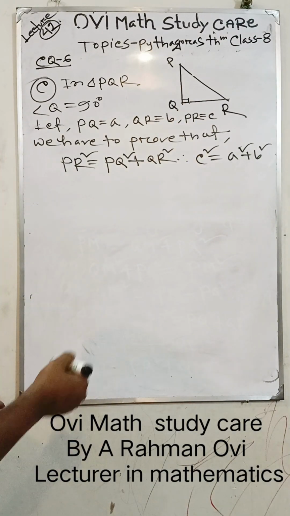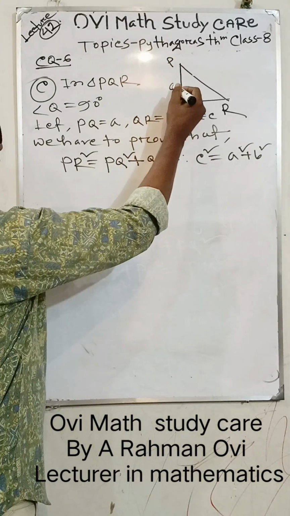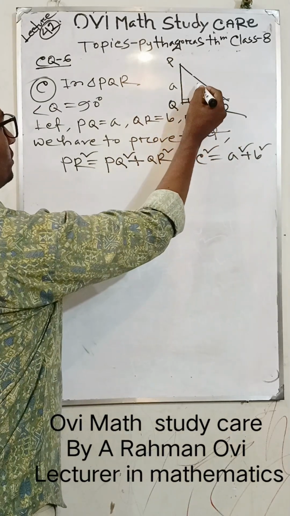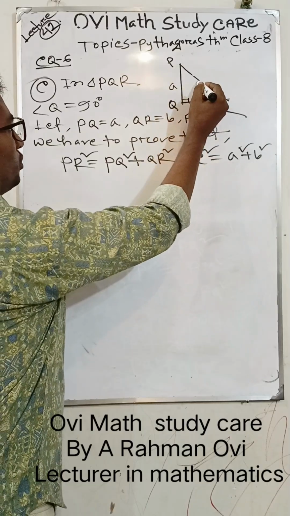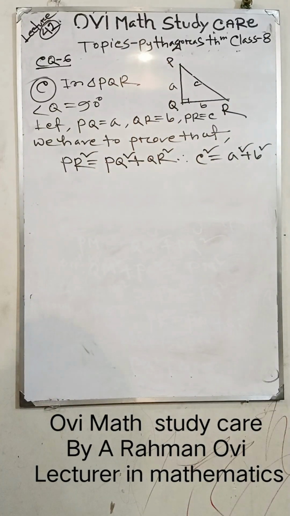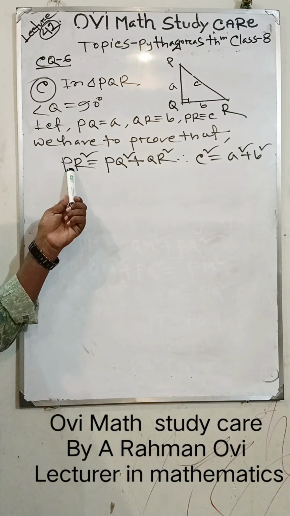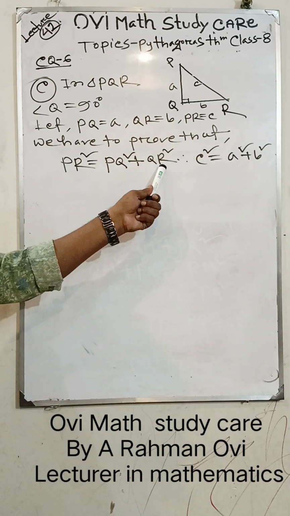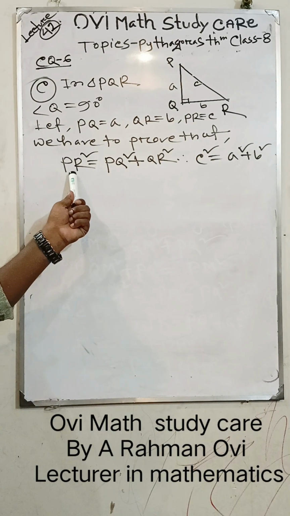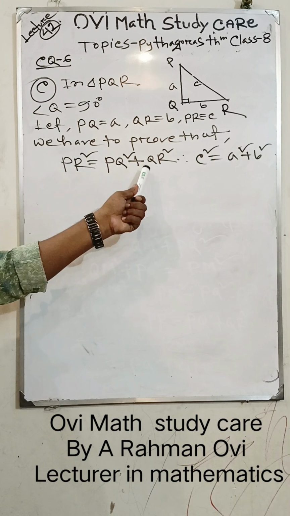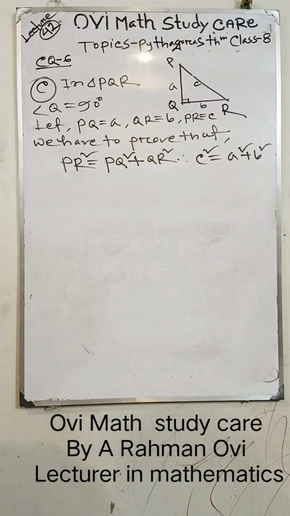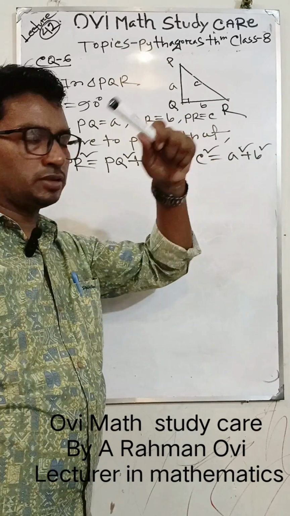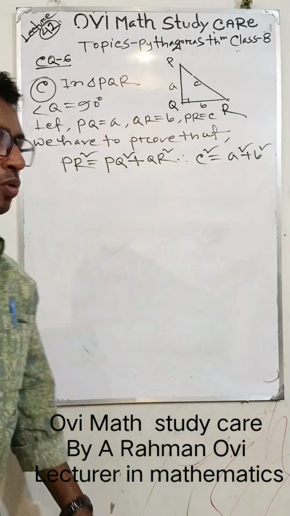Let PQ equal to A, QR equal to B, PR equal to C. We have to prove that PR square, that means hypotenuse square, equal to height square plus base square. PR square equal to PQ square plus QR square. That means we have to prove that C square equal to A square plus B square.